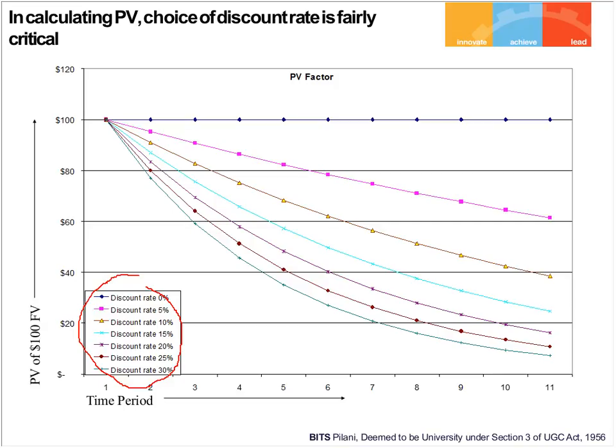Every year you're discounting or deducting the same amount. That is a discount rate. We call it a discount rate because you're removing the interest part. But if you're adding the interest part to calculate the future value, then you call the same thing a compound rate. So don't go by the term discount in discount rate.